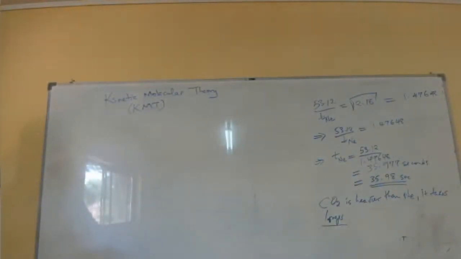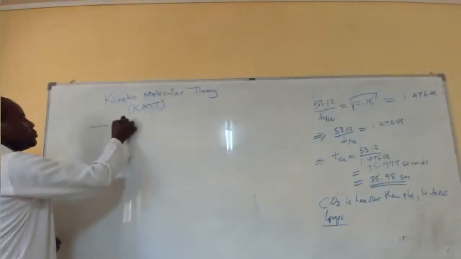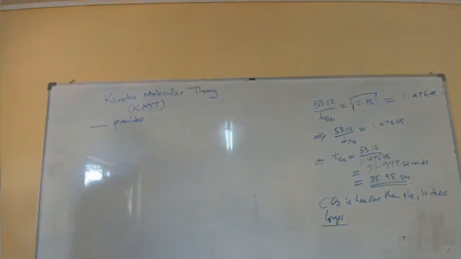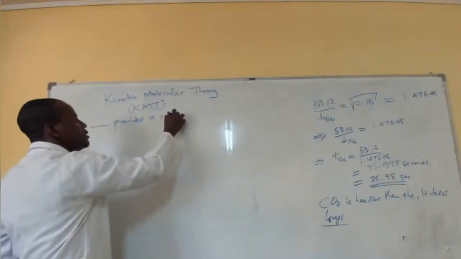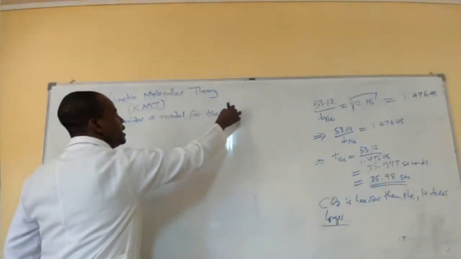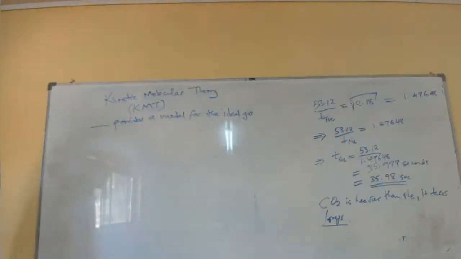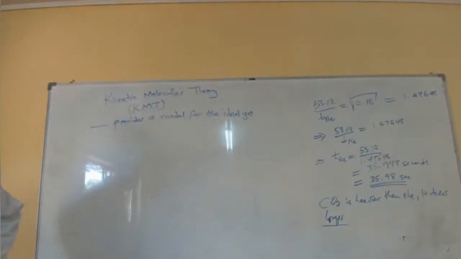There isn't so much to discuss. But this is based on the idea that particles of matter are always in continuous motion. And it provides a model for what is called an ideal gas. An ideal gas may be a real gas or not.